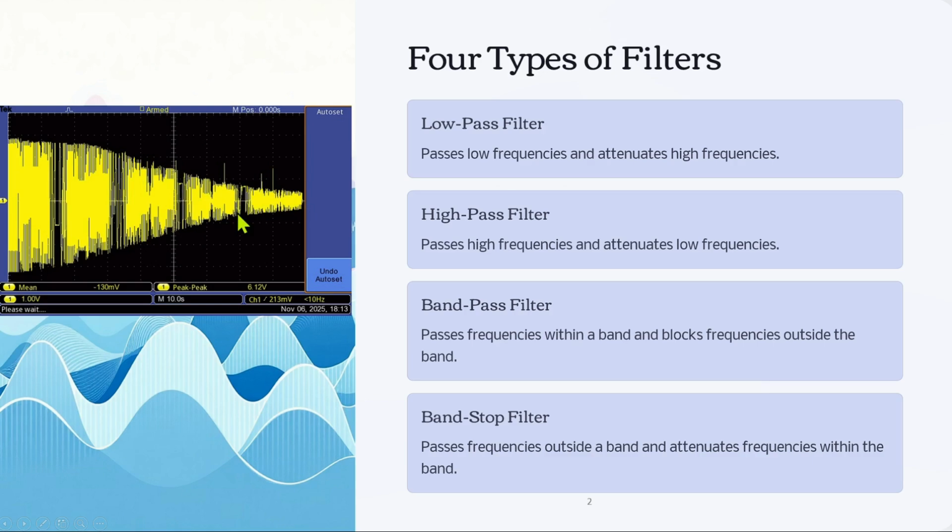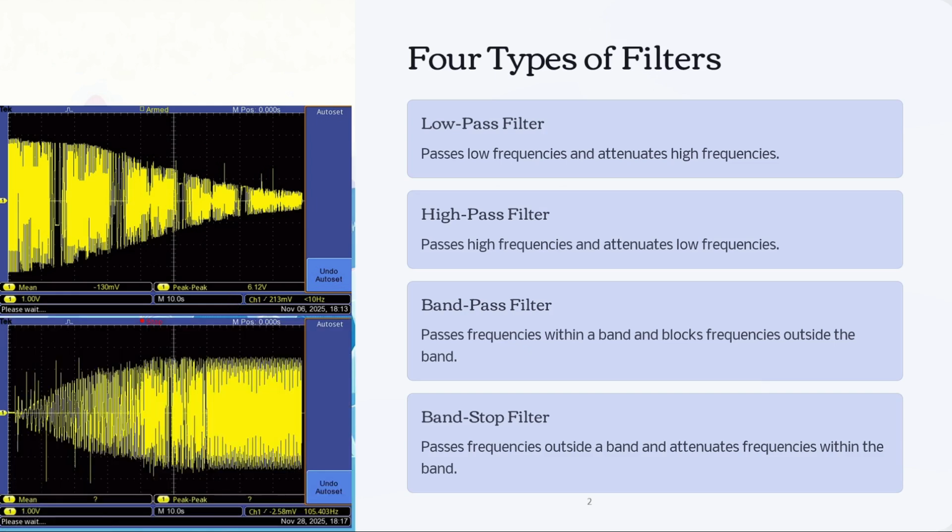That means it passes a particular range of frequencies and attenuates the remaining frequencies. That is why it is known as a low pass filter, because it passes the low frequencies and attenuates the high frequencies.